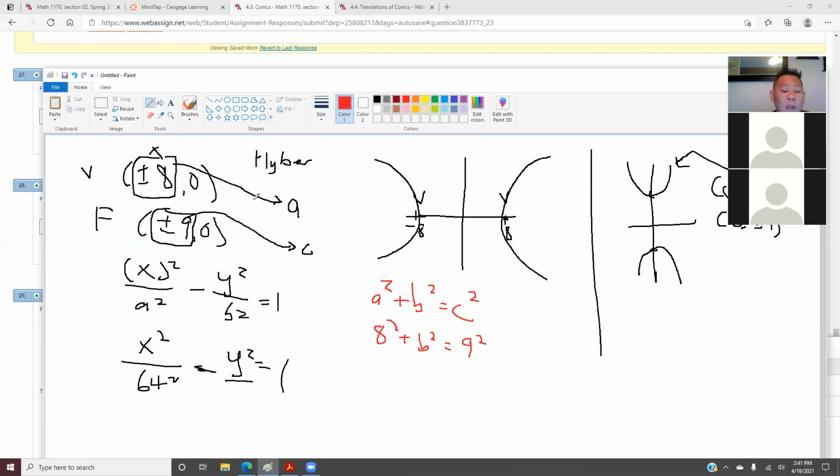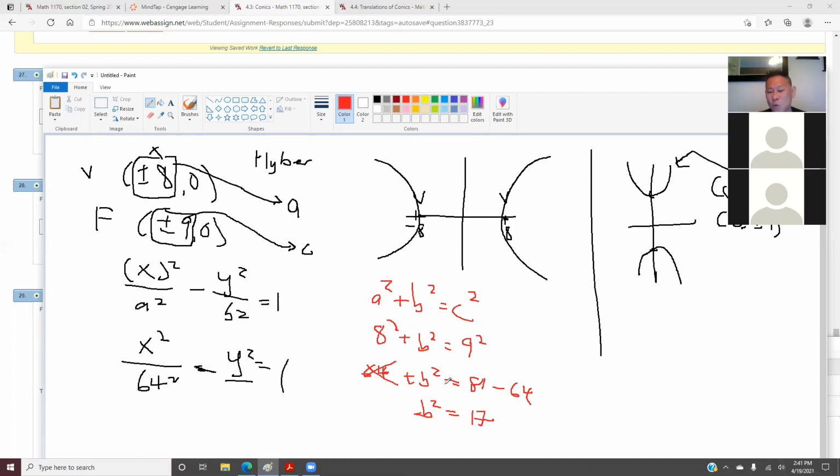So this is 64 plus b squared equals 81. And then you subtract 64 over here. I think you get 17. 81 minus 64, yep, 17.